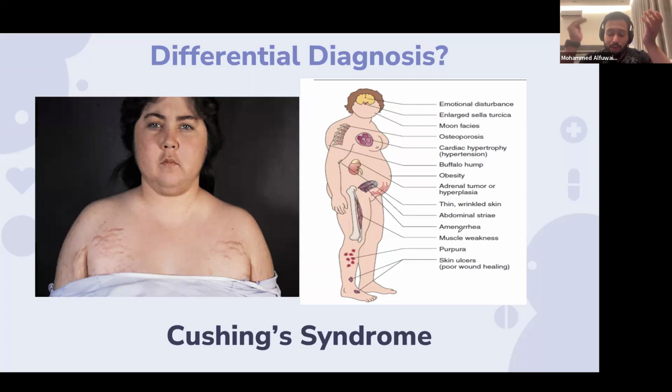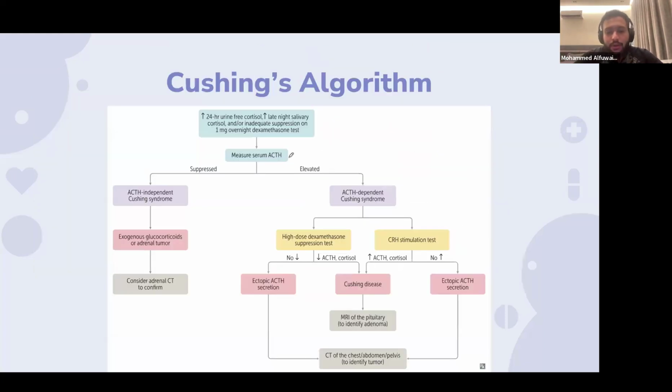The next step is what, guys? What do you do next? ACTH. So now you do the ACTH. If the ACTH is suppressed, then you have something which is ACTH independent. So either you have exogenous glucocorticoids or an adrenal tumor. What is the most common cause of Cushing syndrome?